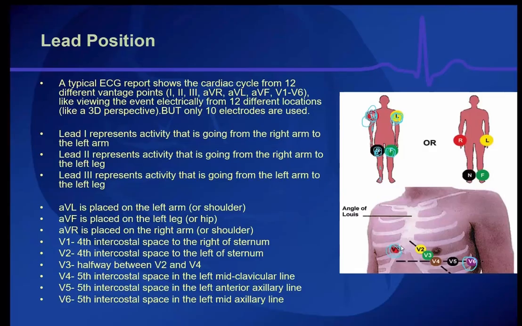So these are V1 here, then V2, V3, V4, V5, and V6. They are approximately half an inch from each other. So placing these leads as required is important when we want to record an ECG. We go on now.